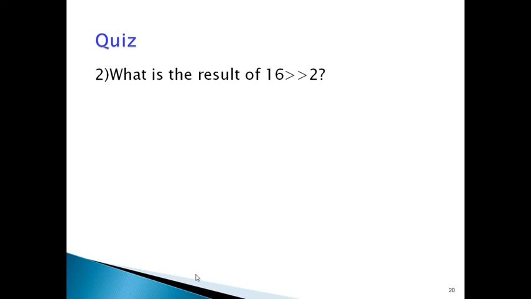Here, the value is divided by 2. 16 right shift 2, two times, the value is 8, 4. First time it becomes 8, second shift it becomes 4. The answer is 4.